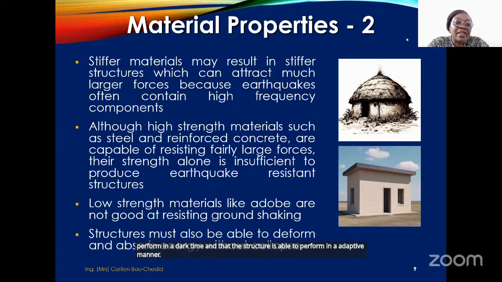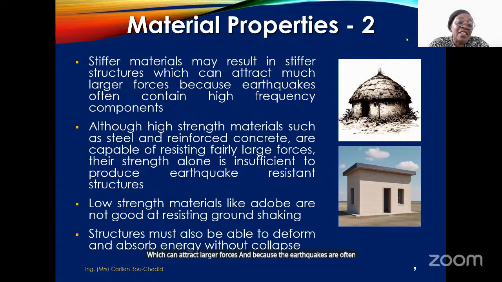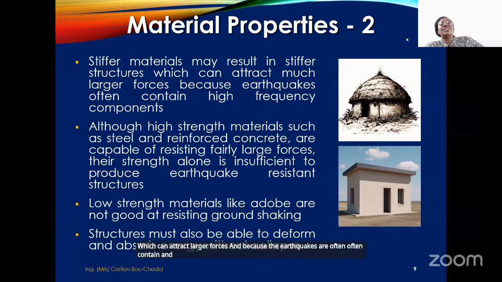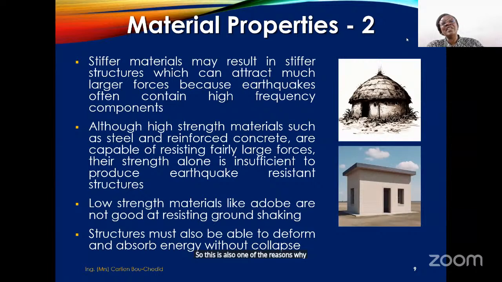So, like I said, stiffer materials may result in stiffer structures, which can attract larger forces. This is because earthquakes often contain high frequency components. So this is also one of the reasons why you will have buildings in an area and some will be more damaged than others.